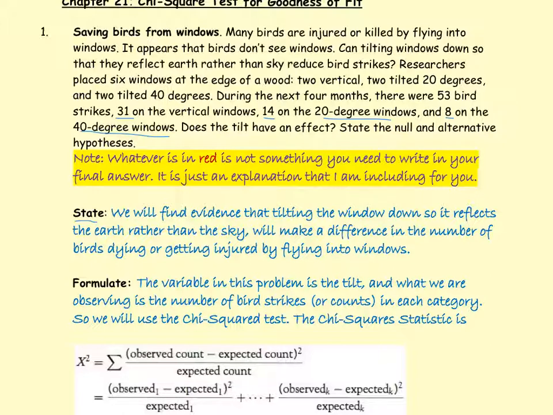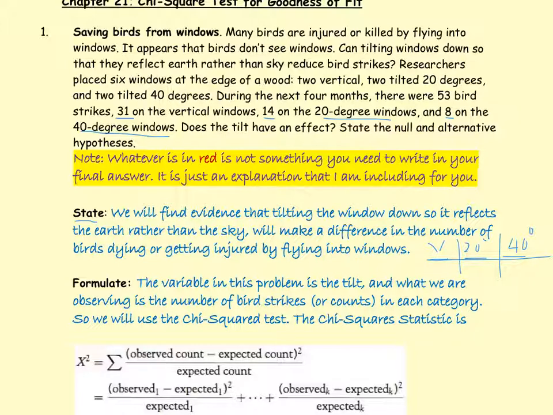So here again, the variable here is the 3 types of windows that were set up. One was the vertical window, the other was the 20-degree window, and the other was the 40-degree window. So there are 3 categories or 3 types or 3 buckets in here, 3 types of windows. And then we have the counts.